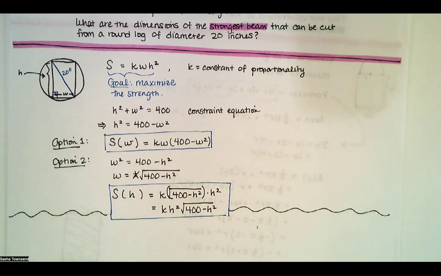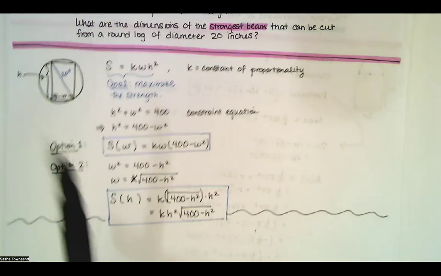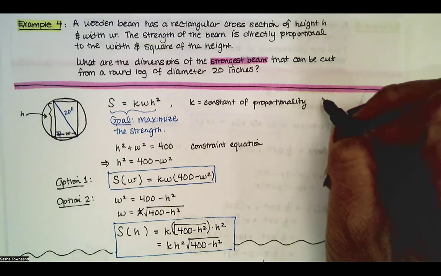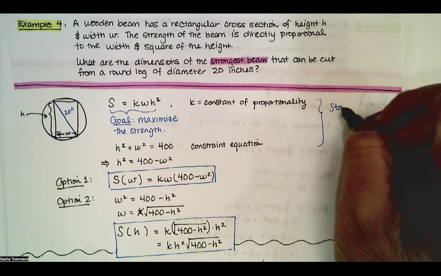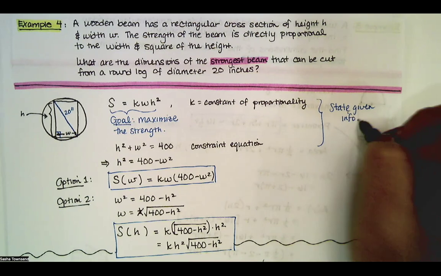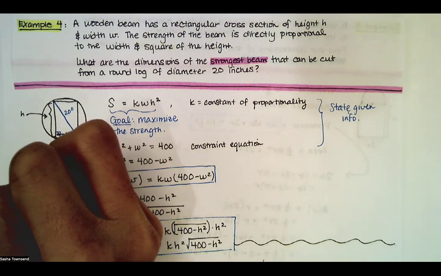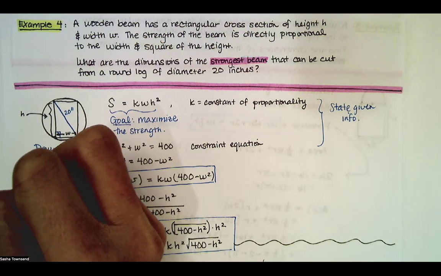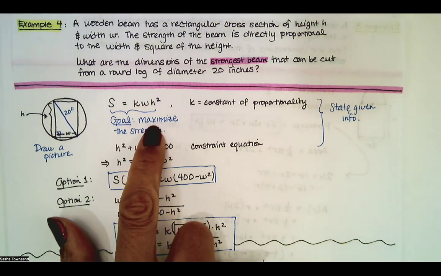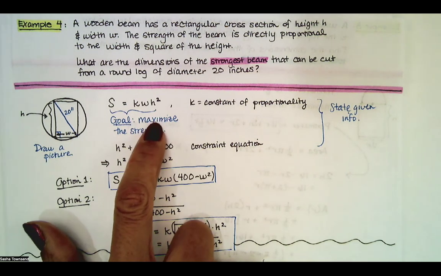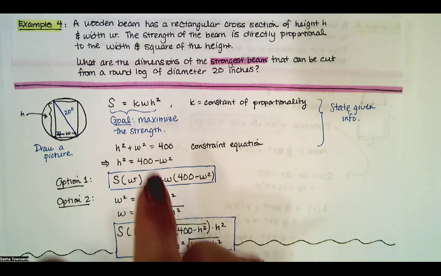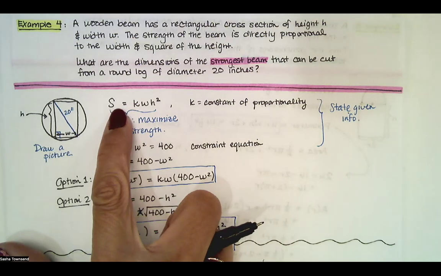Okay, the first thing that we do whenever we're solving one of these problems is we write down everything that we're given. Draw a picture if appropriate. Identify what you're maximizing or optimizing. In this case we are maximizing, but in general you'd optimize by minimizing or maximizing.